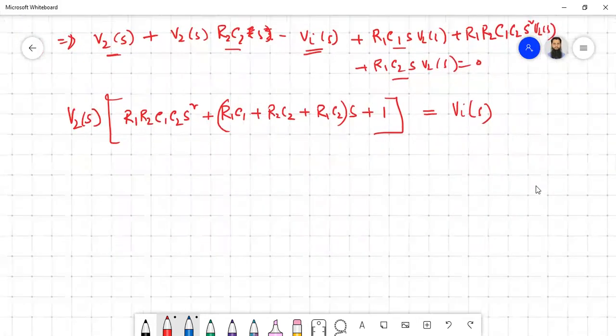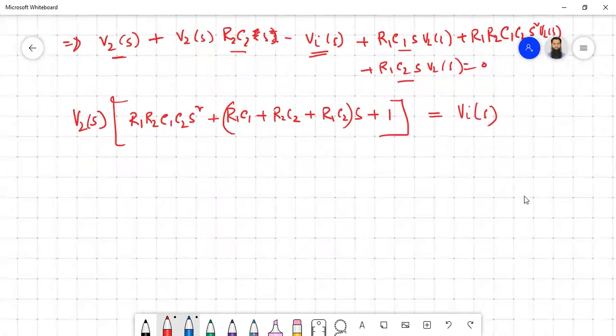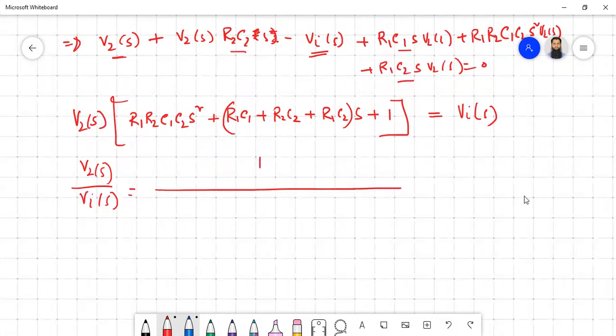Okay, so if you now try to find out the transfer function, V2S by V1S, then you have to divide by this whole parameter here. And also we cannot keep the coefficient of the highest order of s. So you have to divide the numerator and the denominator by this factor. So what you will have is 1 by R1 R2 C1 C2.